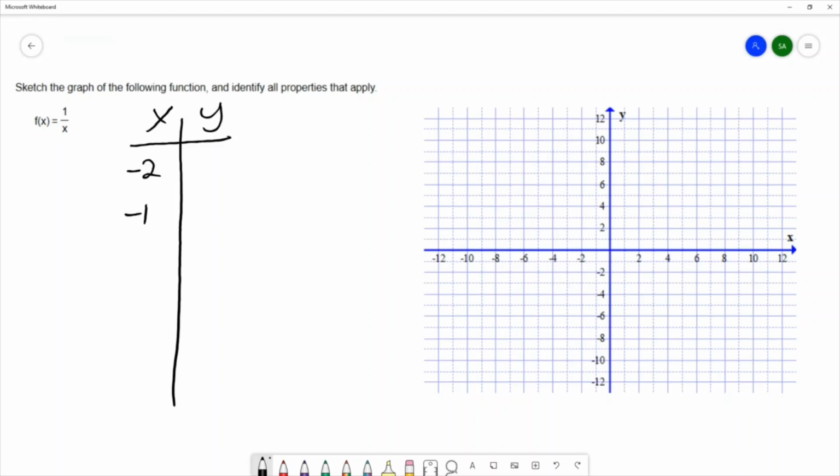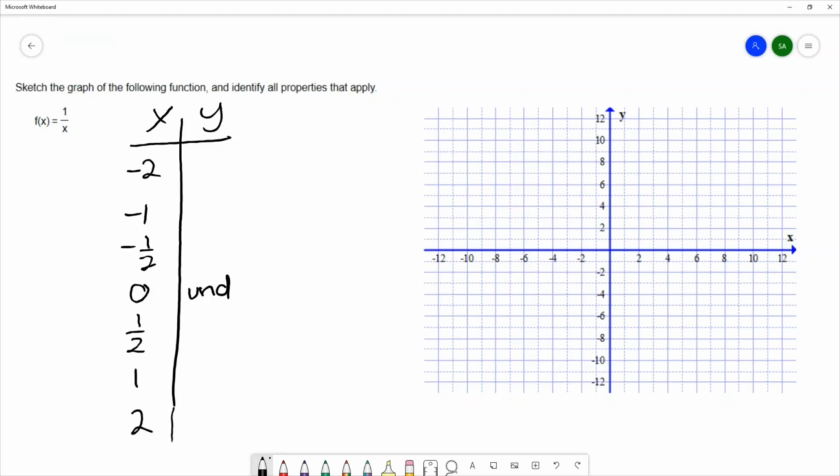I usually choose 0, but 0 is an undefined value for this function. So instead of choosing 0, I'll choose a couple points that are close to 0. On one side, that would be -1/2, and the other side, +1/2. And then I'll continue with my standard points, which is 1 and 2.